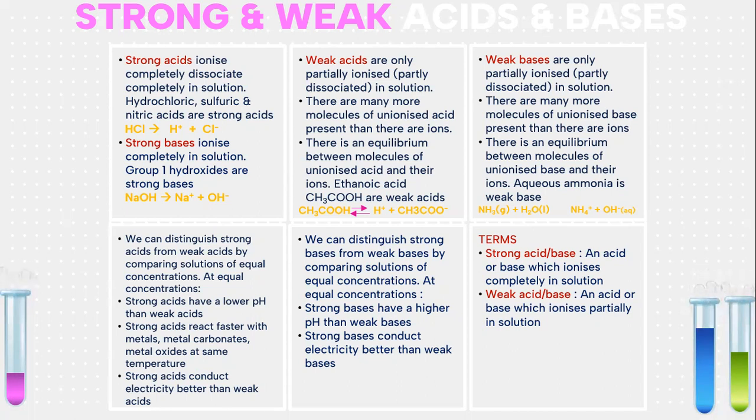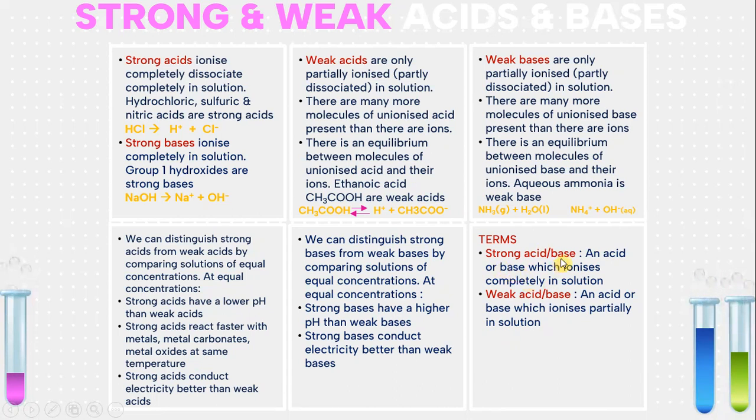We can also distinguish strong bases from weak bases by comparing solutions of equal concentration. At equal concentration, strong bases have a higher pH than weak bases, and strong bases also conduct electricity better than weak bases.